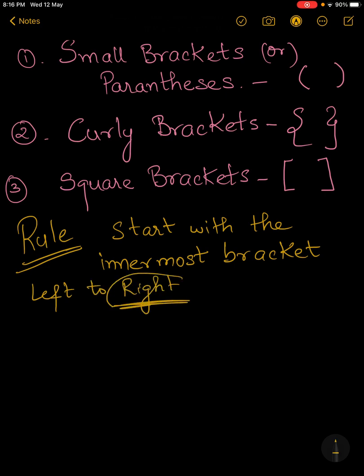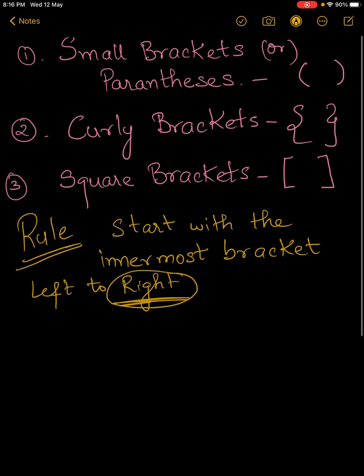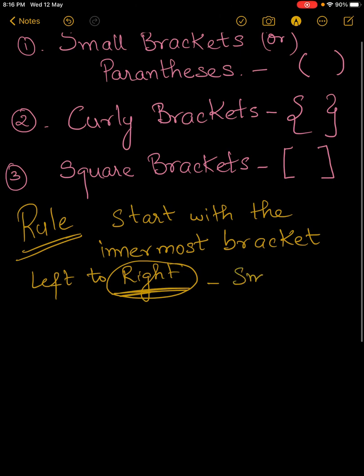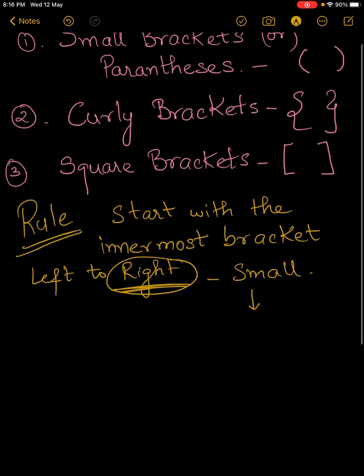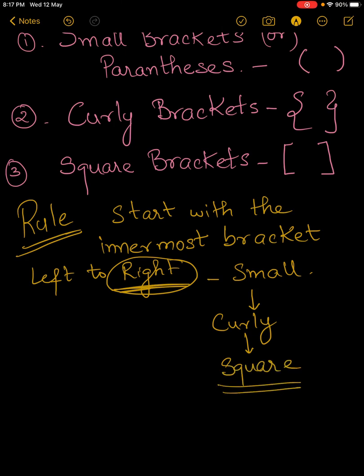So the innermost one being the bracket on the right is usually the small bracket. So that would be solved first. Then you would have the curly brackets that would be solved. And then last but not the least, you would have your square brackets that would be solved.